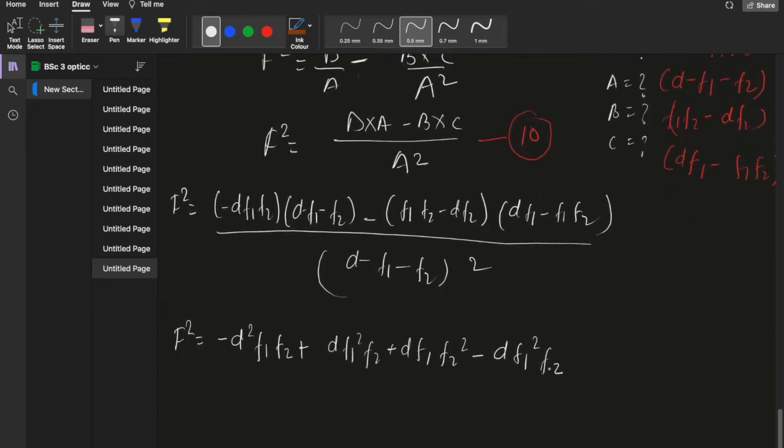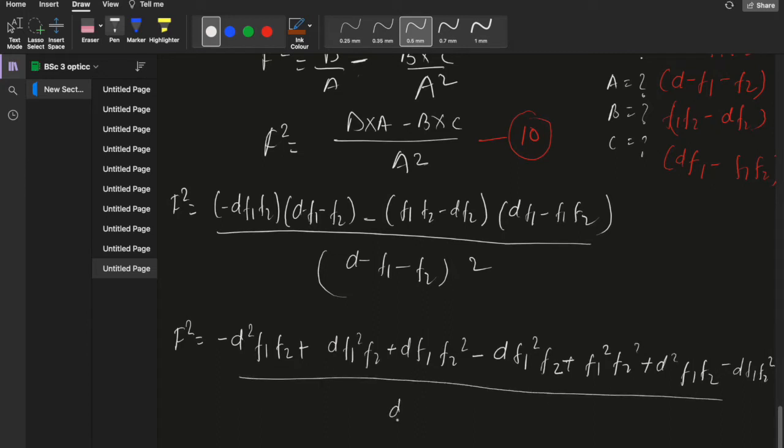Just multiply these things, plus F1 whole square F2 whole square plus D square F1 F2 minus of the last term D F1 F2 whole square, and at the last the LCM is D minus F1 minus F2 to the power 2.